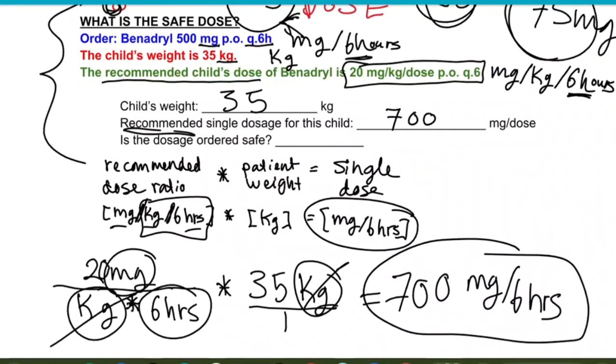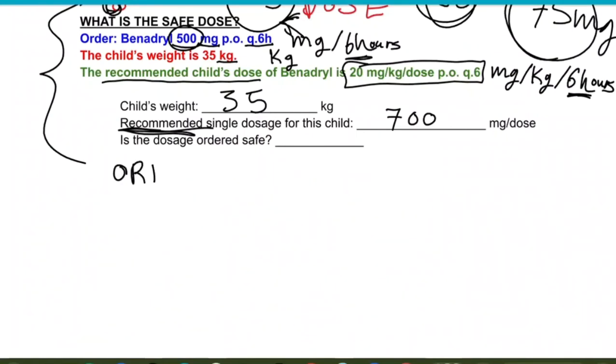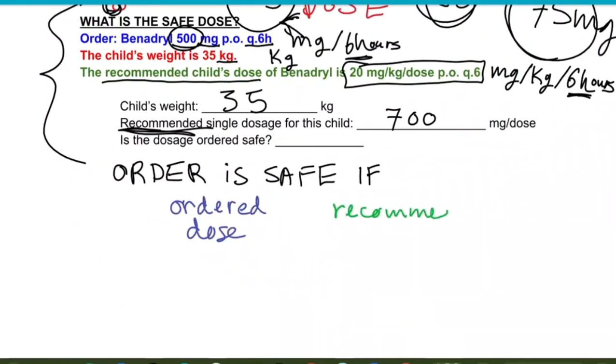And that's the recommended dose. So that is the maximum that you can give that person. The order is for 500. The order is safe if the ordered amount is less than the recommended dose.